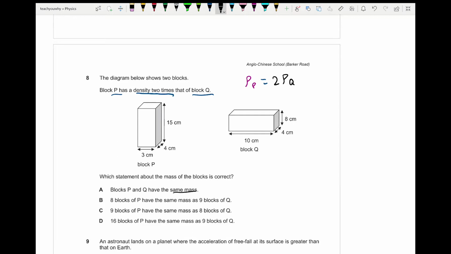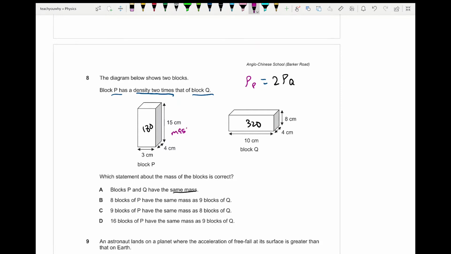So let's find the volume first. The volume is 15 times 4 times 3, 180. 8 times 4 times 10, 324. Now the question is, what is the mass of block Q?